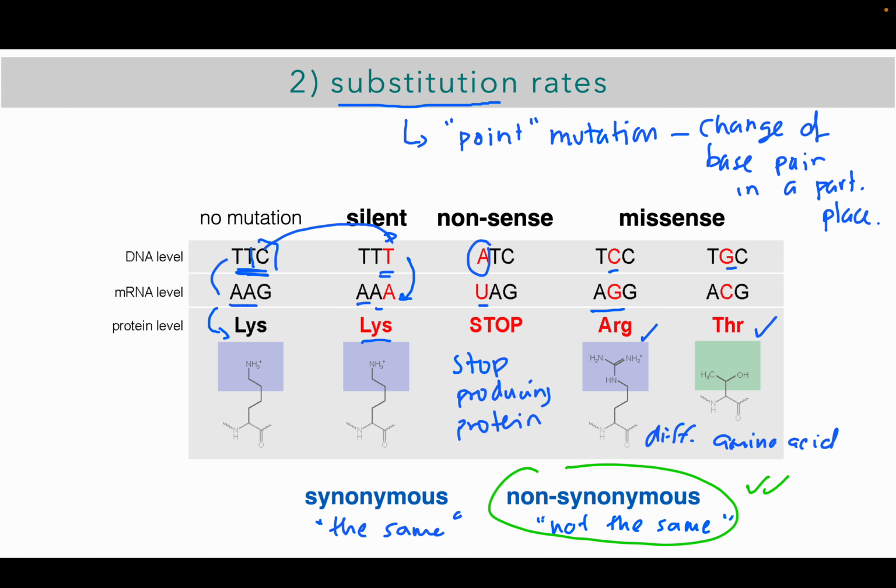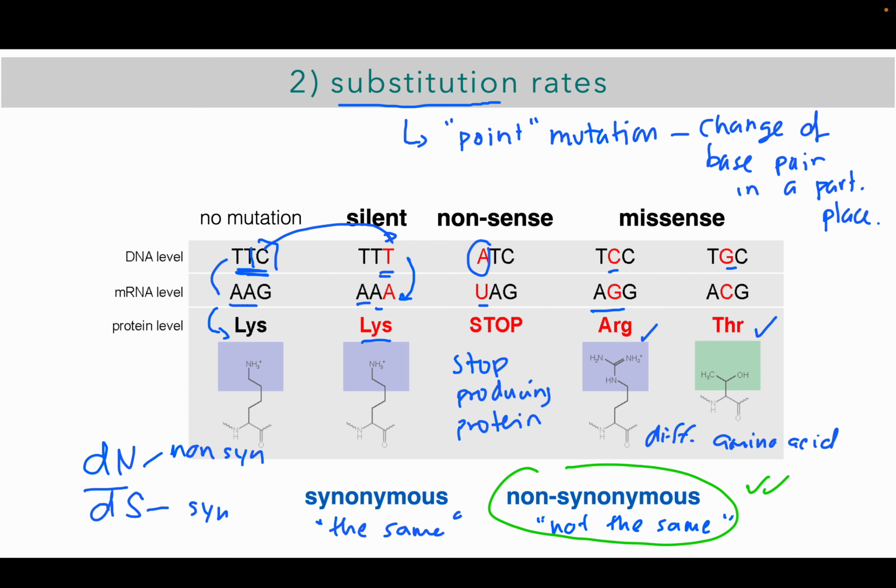So when they measure how much mutation happens, what people do is this thing called dN over dS. Not calculus. This is the rate of non-synonymous over synonymous. So they compare non-synonymous with synonymous. So if you have a lot of non-synonymous, meaning you have a lot of mutations.